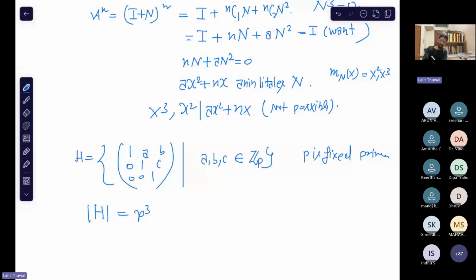Right, P cube. So can you find the order of each non-identity element here? Find it then. What is the order of each non-identity element? If you already know the answer, you can raise your hand.